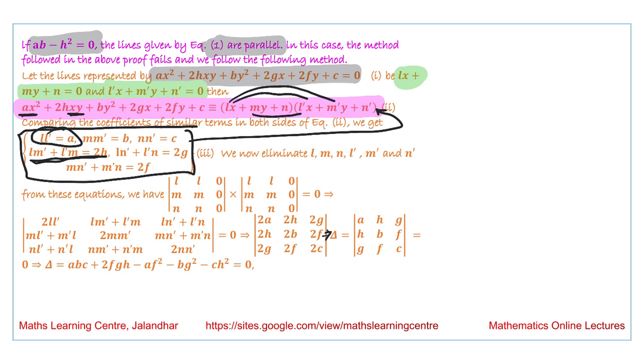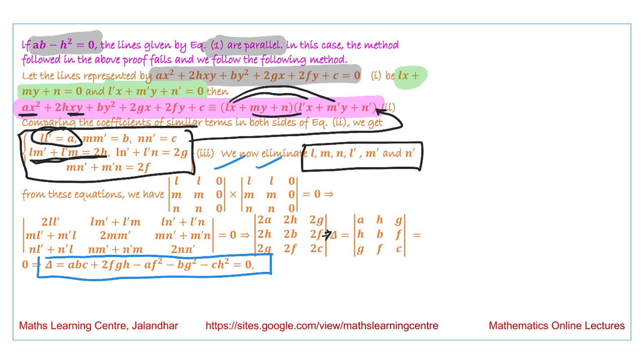If we eliminate the values of l, m, n, l dash, m dash, n dash, these equations come in this form, and we again get the same condition: the determinant of a, h, g, h, b, f, g, f, c should be equal to 0.